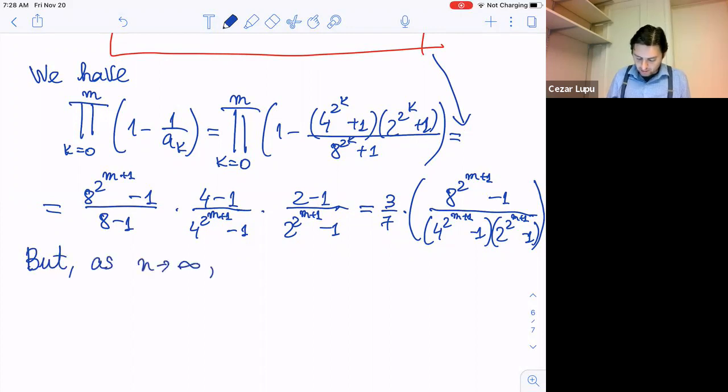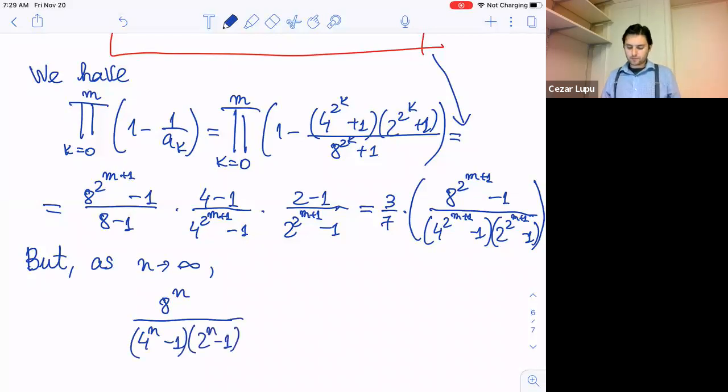let me write it in this way, 8 to the power n over 4 to the n minus 1 times 2 to the n minus 1, right?